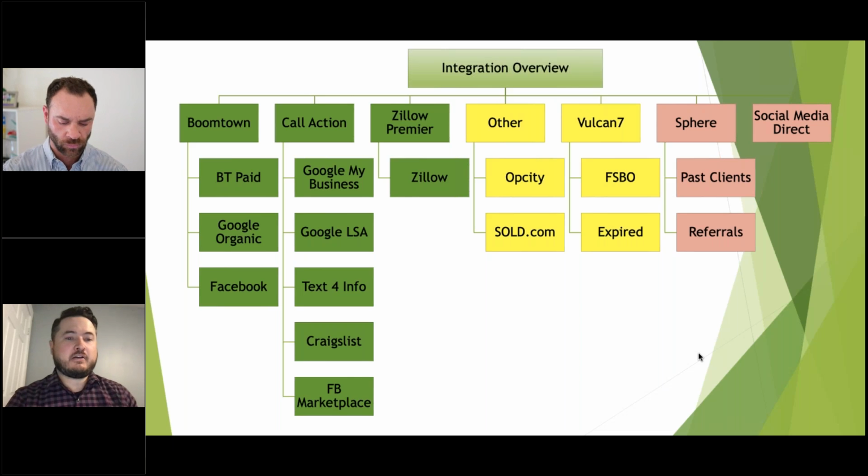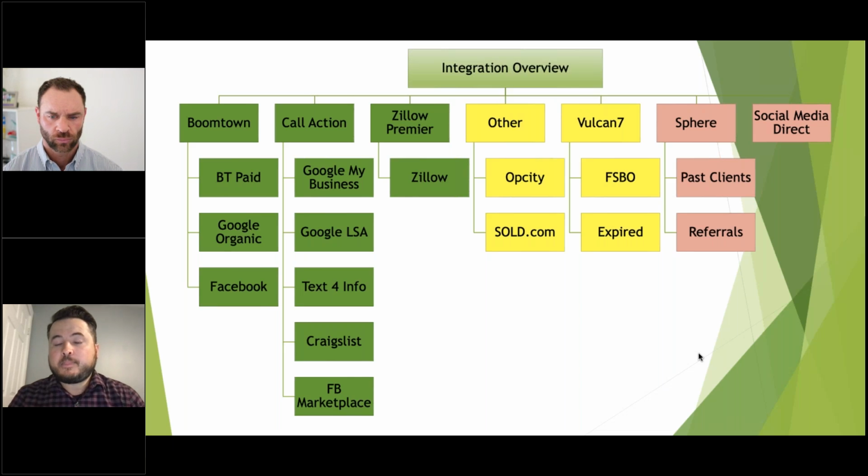CallAction is inherently integrated. Like I said, all calls are transcribed, and all texts are also added to the notes in Boomtown, so you don't have to worry about what the communication was or what we talked about with customers on CallAction, because it automatically uploads into Boomtown for you. That saves time from having to look back and forth between two systems. Zillow is obviously perfectly integrated with API.